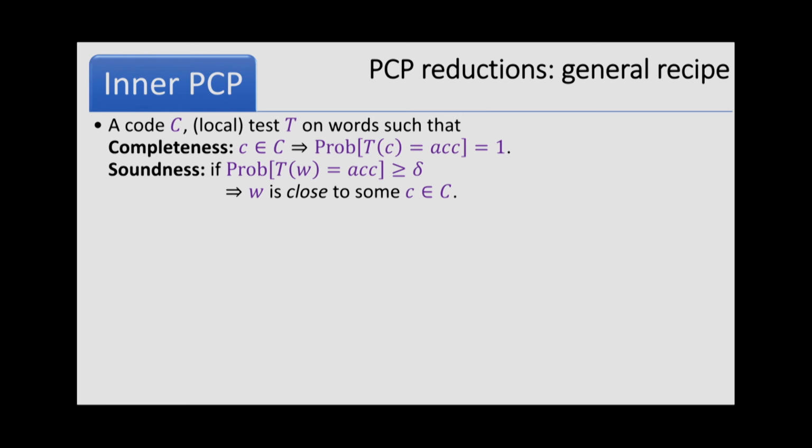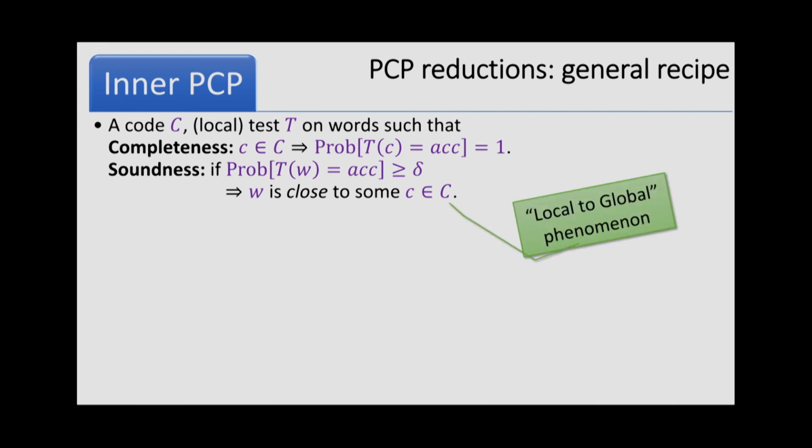And the soundness says that if I run this test on any word W and I get acceptance probability bounded away from 0, say at least some delta, then this can happen only because W is close to some legal codeword in C.